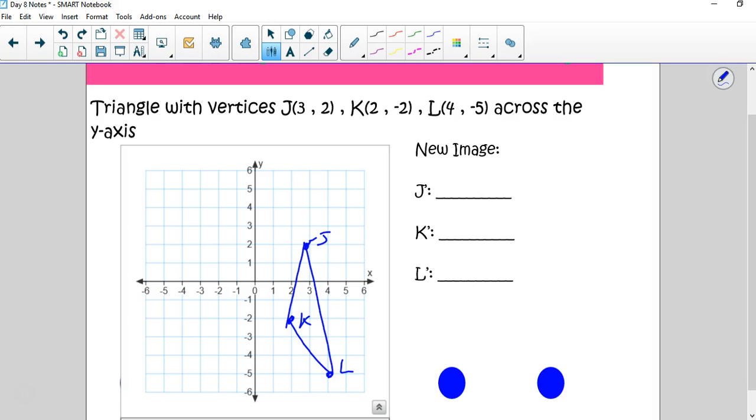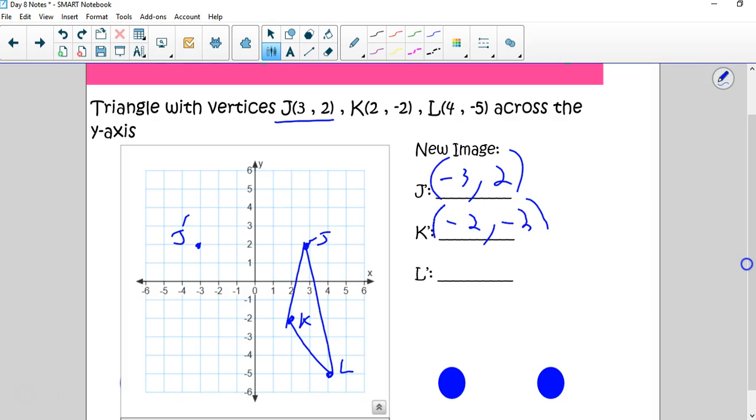here. Okay, so here's my y-axis here. I'm 1, 2, 3 across, 1, 2, 3. Well, if you just look at that, that's at -3, +2. Again, if you look at the original, what changed? 3 became -3. Okay? So on K, 2 is going to become -2.